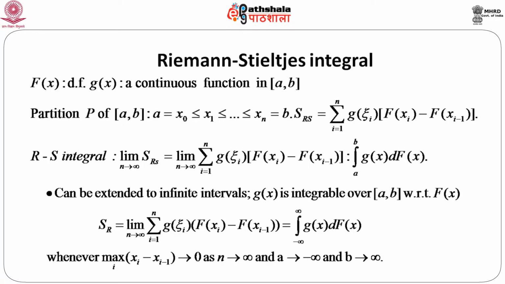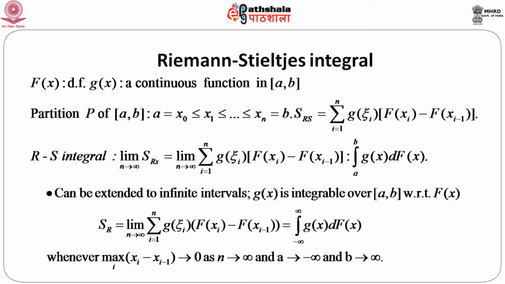Now, here we have taken the limits a to b which are finite. The question is, can we extend these limits to minus infinity to infinity? The answer is yes, but there are some conditions. We can easily extend this RS integral to infinite intervals, but in that case g(x) should be integrable over [a, b] with respect to F(x), where a and b are any numbers on the real line.